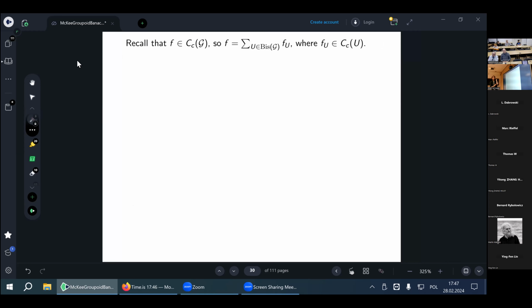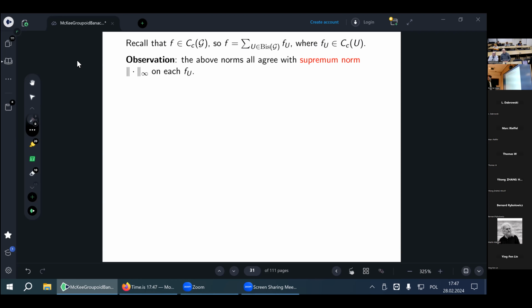Now I'm going to construct the algebra. Remember that f is in this new C_c space, so it's a finite sum of these f_U, where each f_U lives on a bisection. What we noticed is that for the norms from the previous slide, if you just consider the I norm of one f_U, you get the supremum norm.